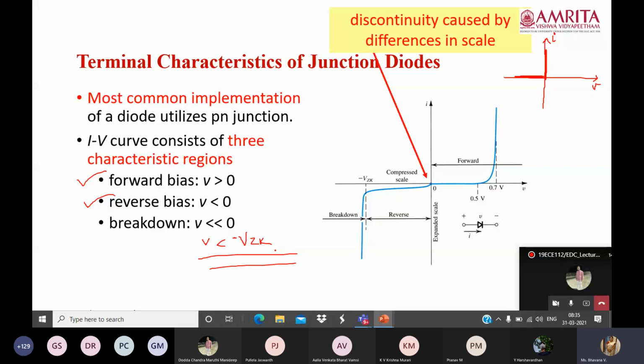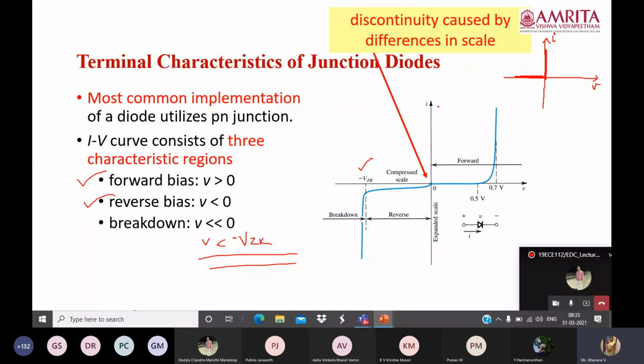So the IV characteristic curve of a junction diode consists of three regions, where V is the terminal voltage of the junction diode.